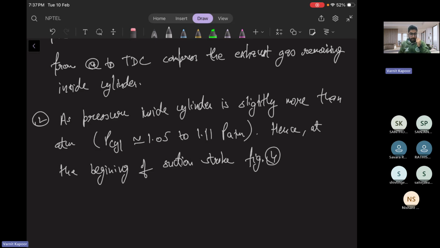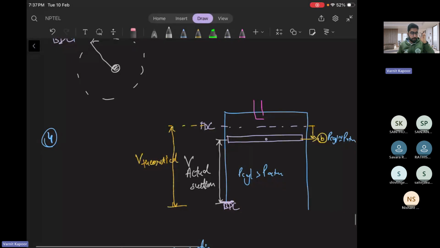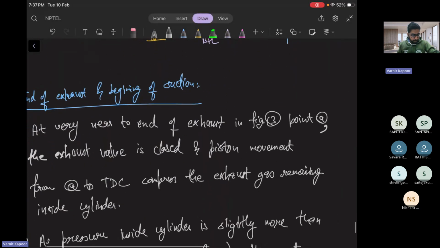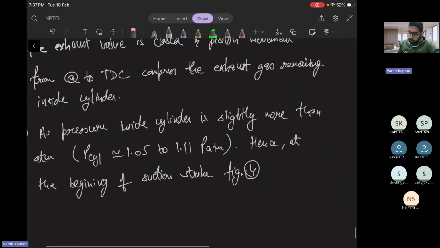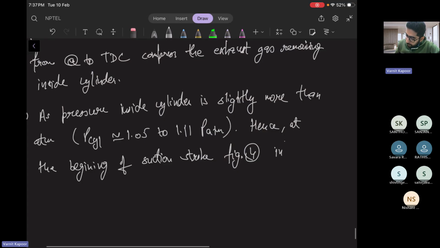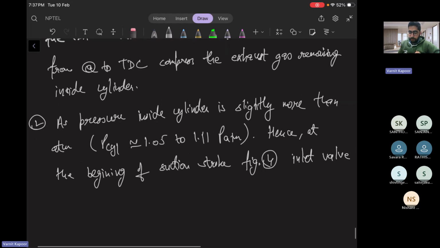the last figure which we made, this figure, the inlet valve is open. Very important concept. I know it might have been difficult to absorb, but that is why I'm writing the points so that you are able to understand. If you are still in confusion, you can watch the recording again and listen to what I have said.